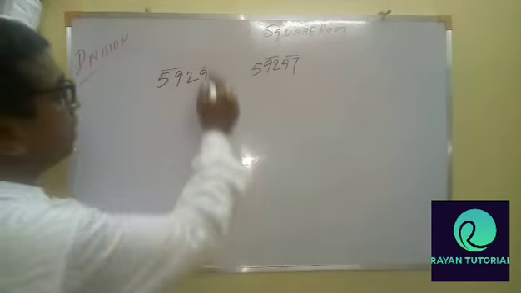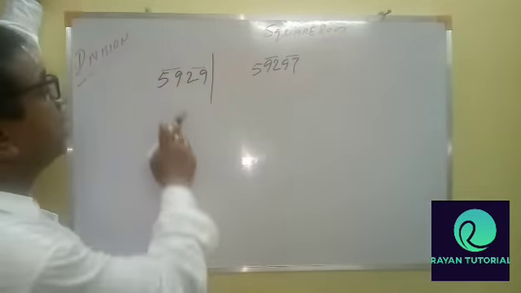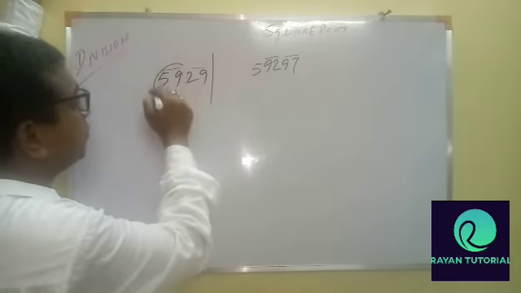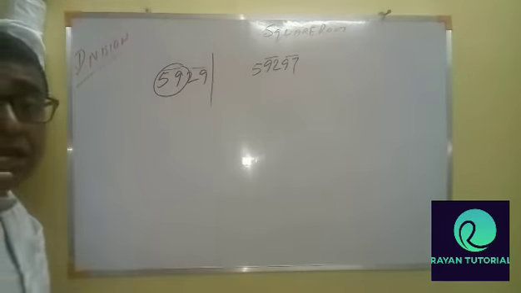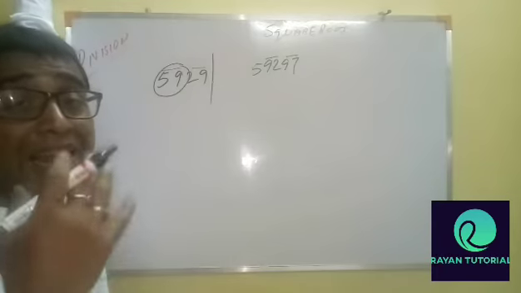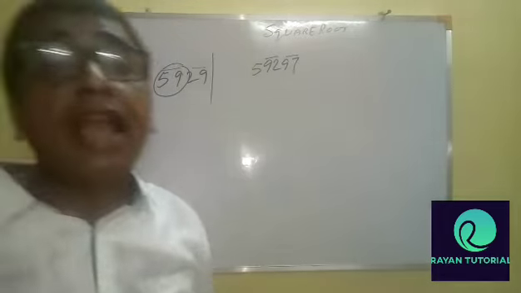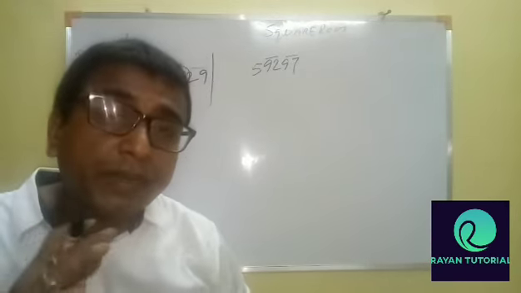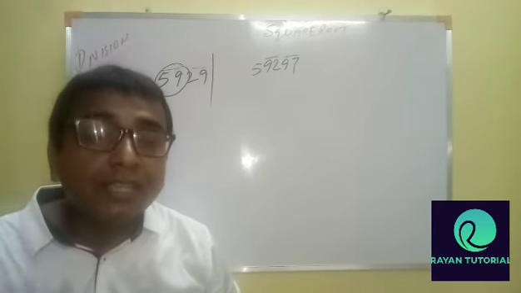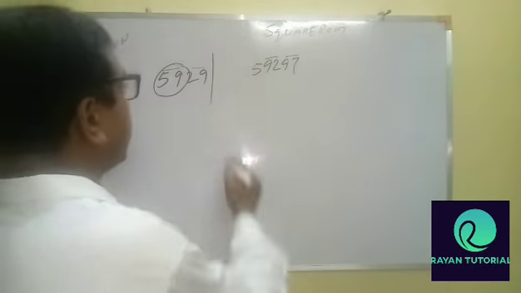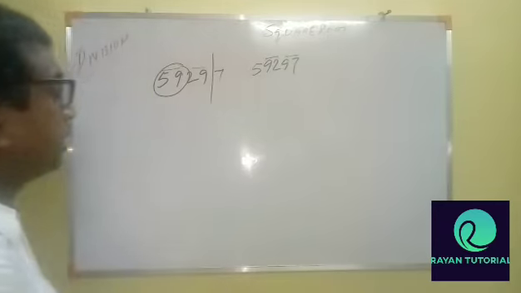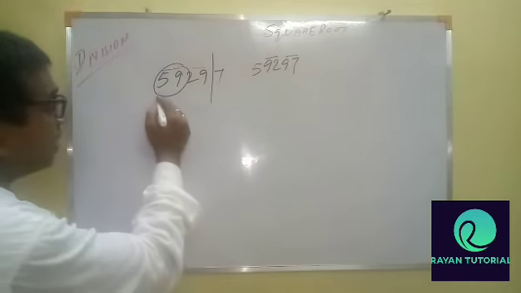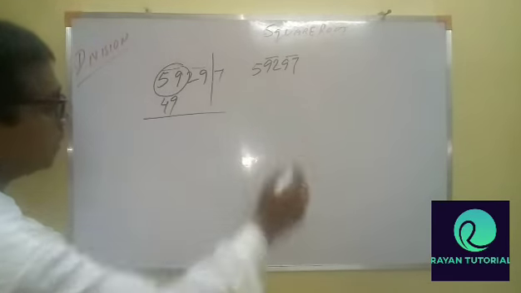So for this number, division method. First is 59. Think whose square can be 59? 8 8s are 64. That means below 8, 7 7s are 49. Clear?